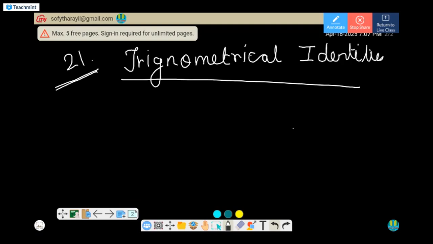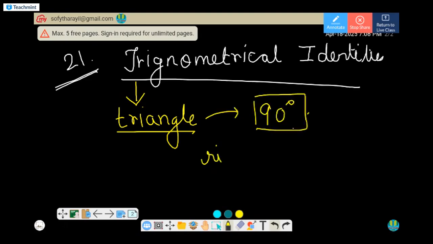Okay. Now, very first thing, trigonometry. Where are you going to apply? You will be applying this for a triangle. But which type of triangle you need to know? This is applicable for a right angle triangle, 90-degree angle.